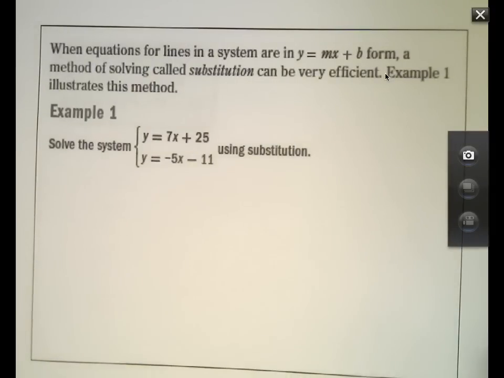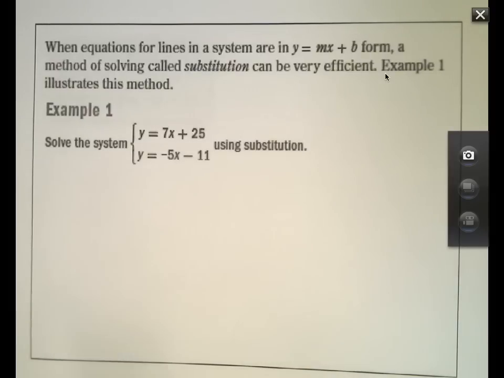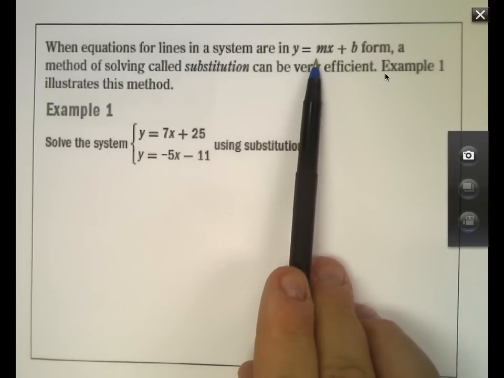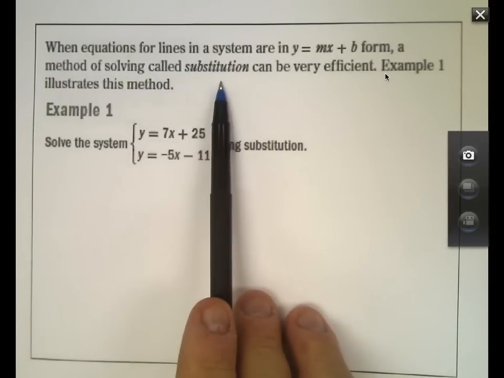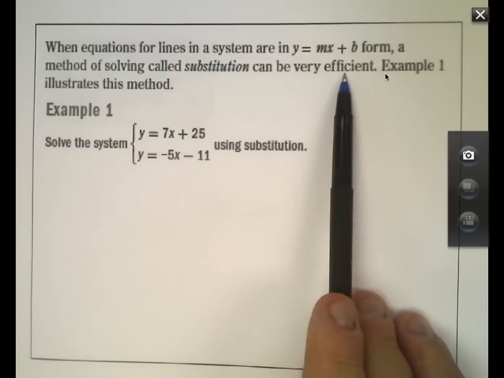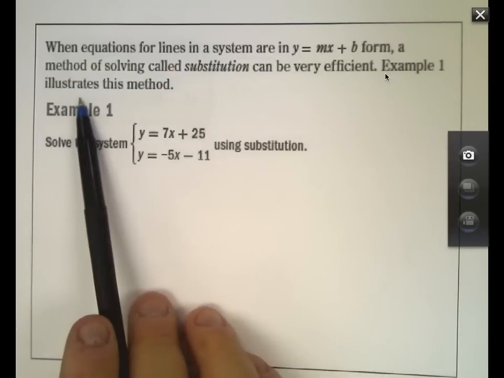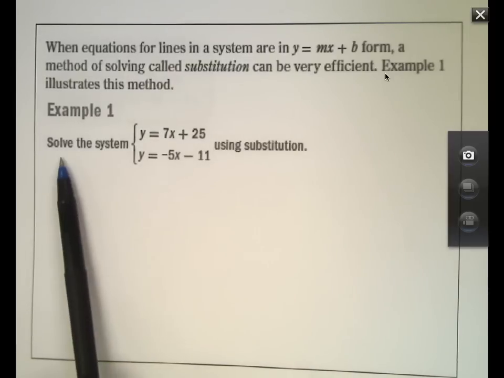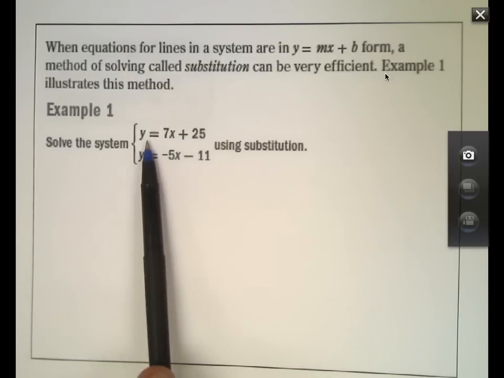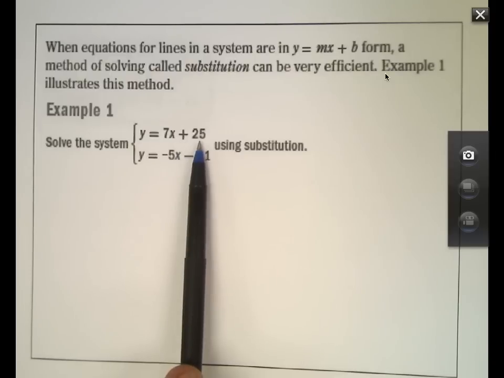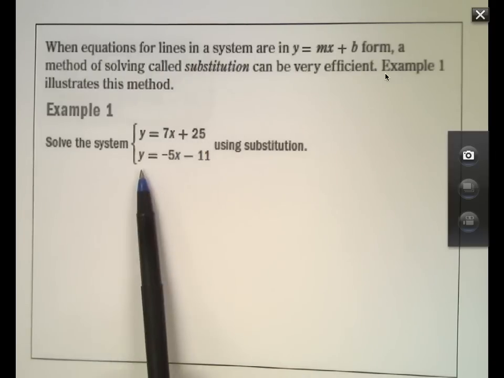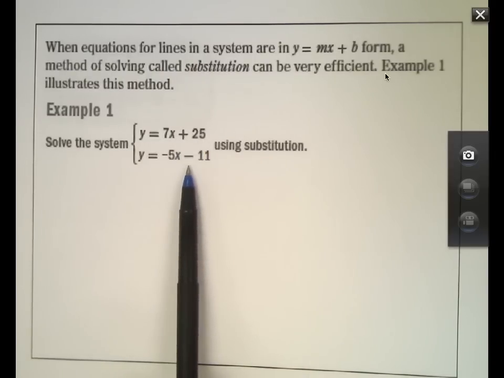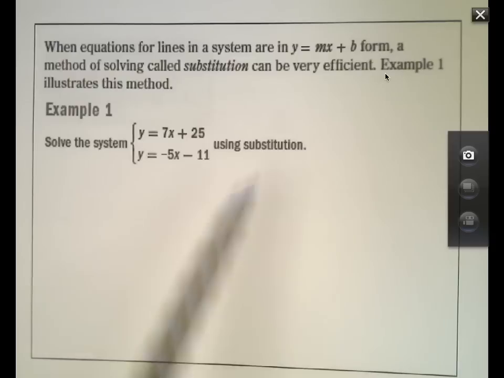It says when equations for lines in a system are in y equals mx plus b form, a method of solving called substitution can be very efficient. Example 1 illustrates this method. Example 1 says, solve the system y equals 7x plus 25 and y equals negative 5x minus 11 using substitution.